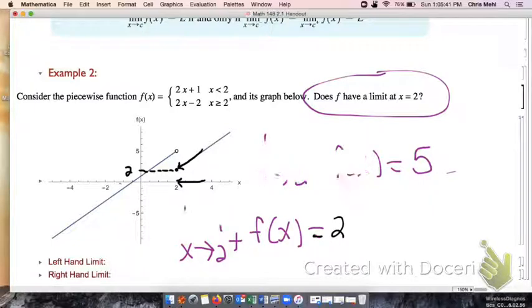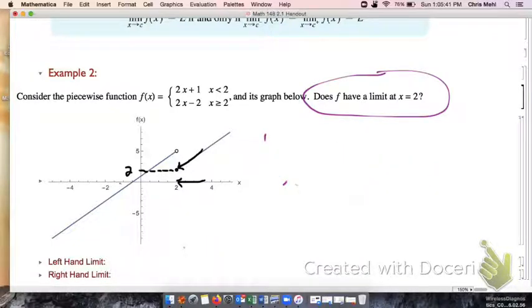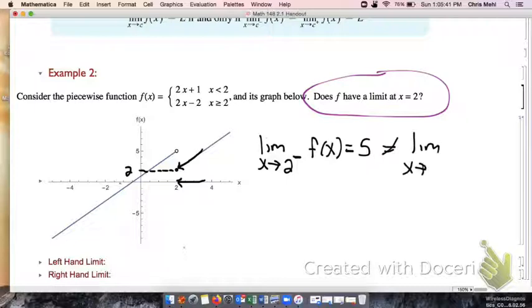let me actually rewrite this one more time. Again, the limit as x approaches 2 from the left, we saw that was equal to 5. That is not equal to the limit as x approaches 2 from the right of f of x, which I believe we saw was 2.